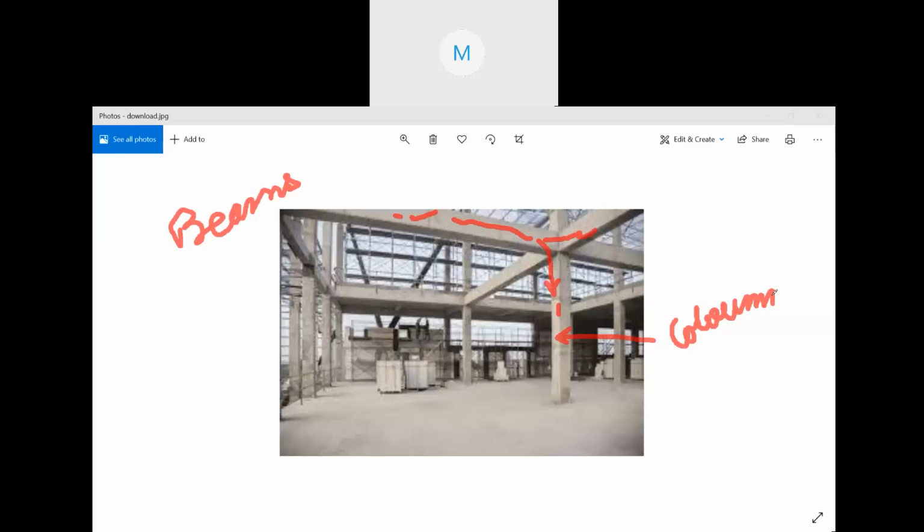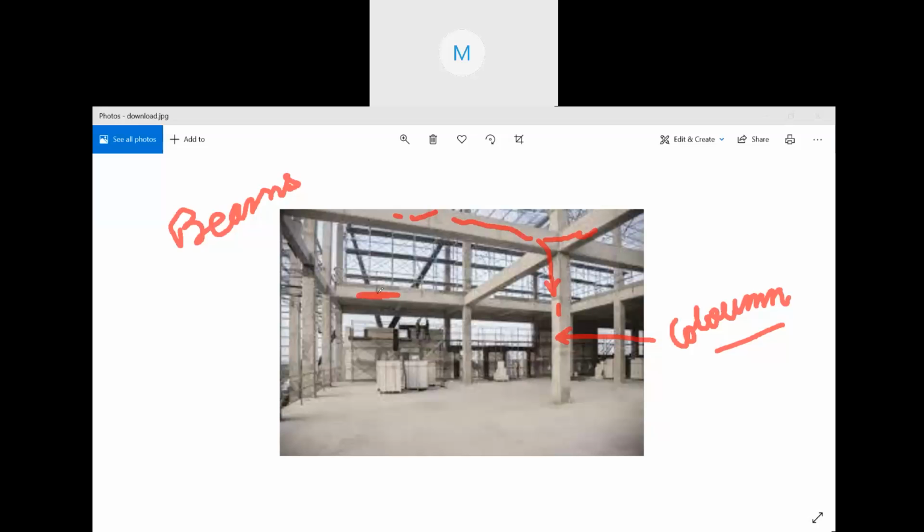Not pillar. Technically, these are called columns. Pillar is layman's language. In engineering terms, it is known as a column. And this is a beam. Remember, in a structure, if you look at your home also, the vertical members that someone says is a pillar are actually columns.